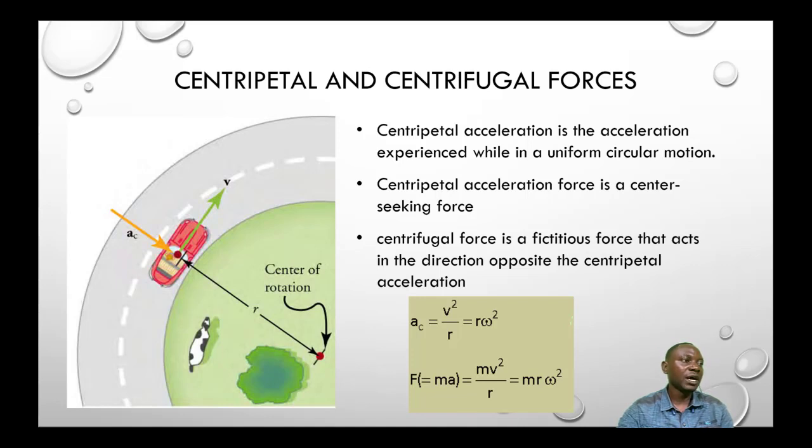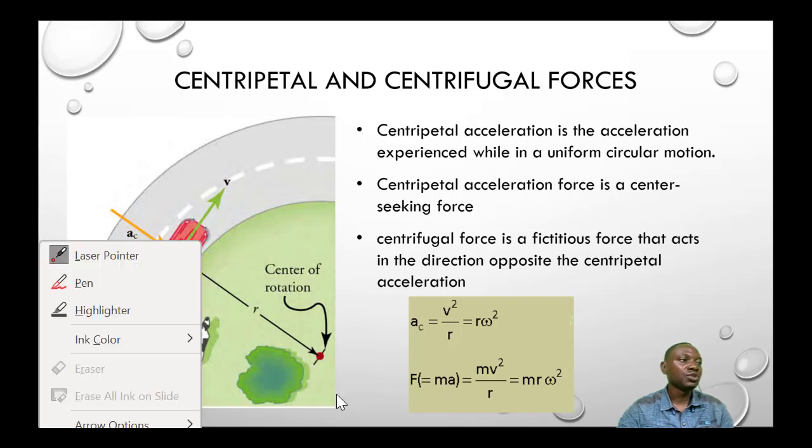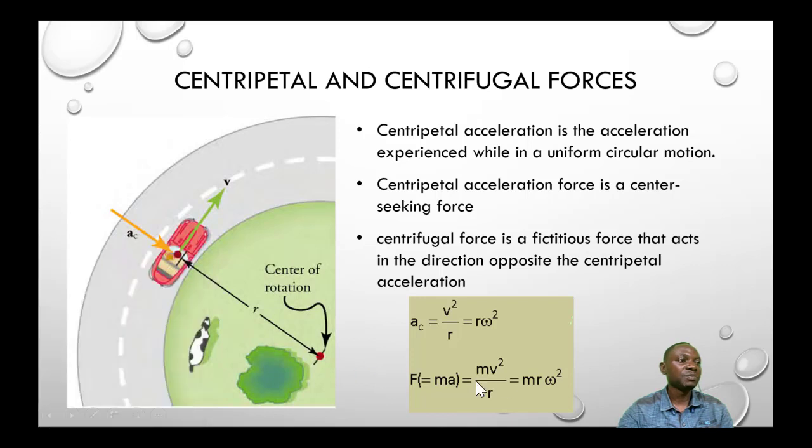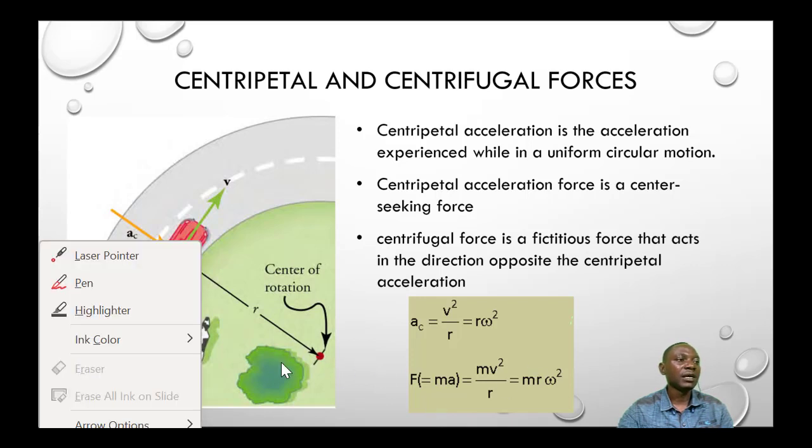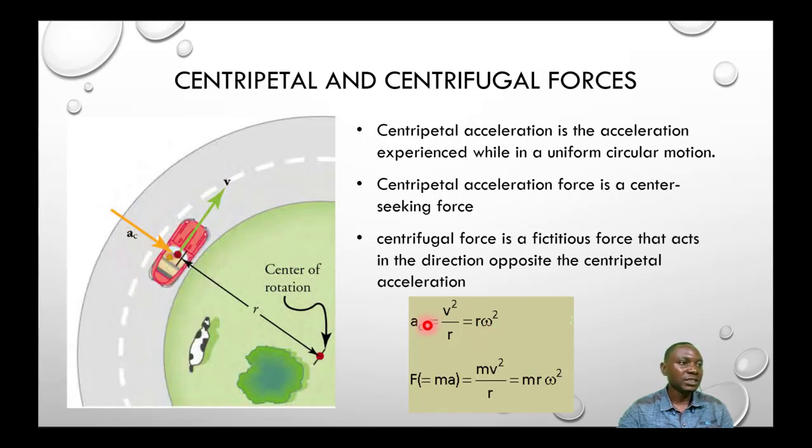And this formula is what you use to determine centripetal and centrifugal acceleration and force. The acceleration is v squared over r, which in angular terms is the radius multiplied by the square of the angular velocity.